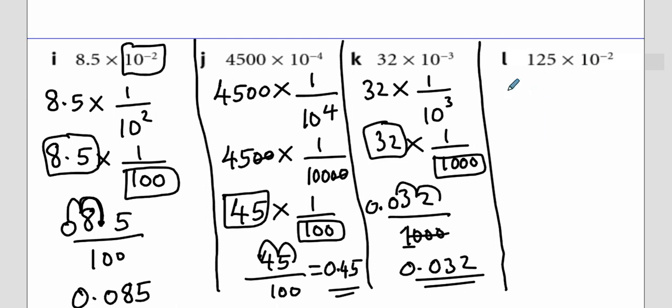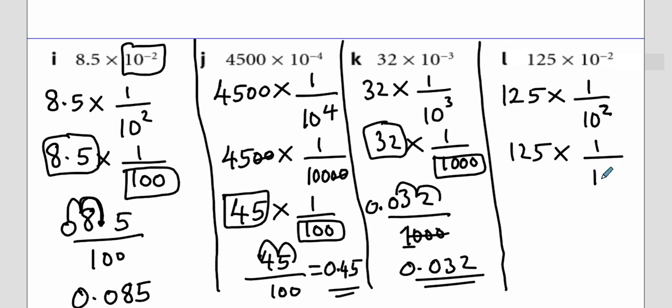And the next one will be this one, the last one: 125 multiplied by 10 power negative 2. The power is negative, so it will be 1 over 10 to the power of 2. So this will be 125 multiplied by 1 over 10 power 2, which is 100.